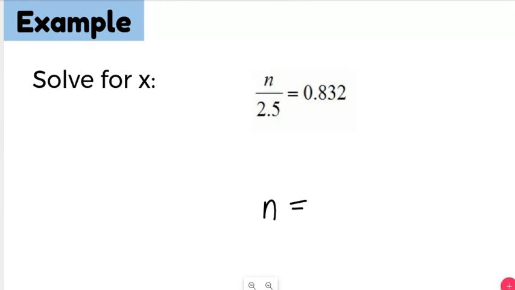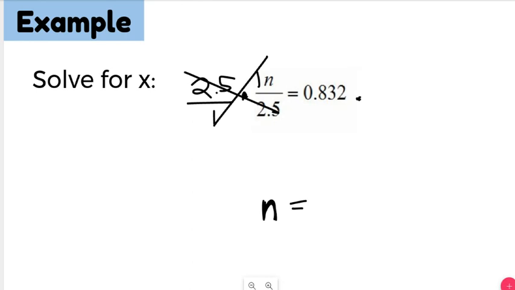Like in the earlier example, if you want, you can pull that 1 over 2.5 to the side as an extra step. You can absolutely do this step. If not, you can just put your 1 in and go ahead and start using your reciprocal. So I'm going to multiply the left side by 2.5 over 1, because that will cancel and leave me with n.